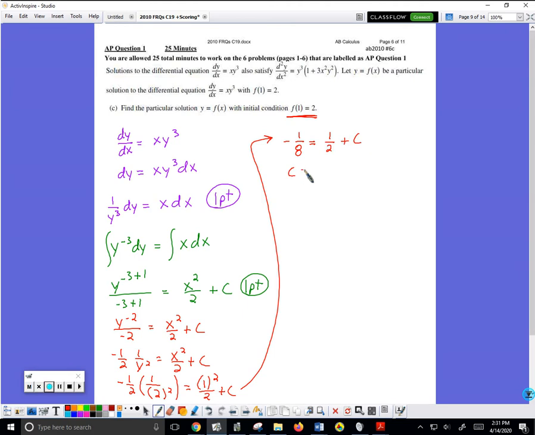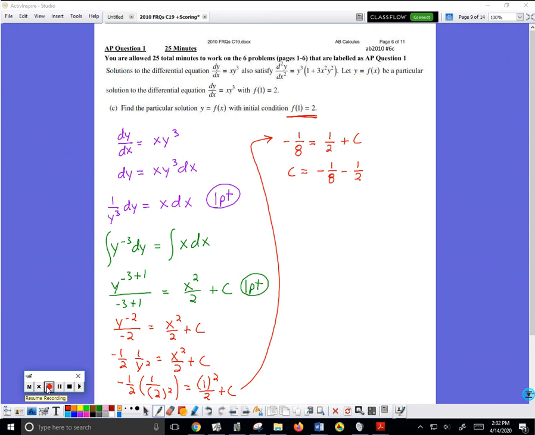Therefore, c will equal negative 1/8 minus 1/2. And you can leave it like that.